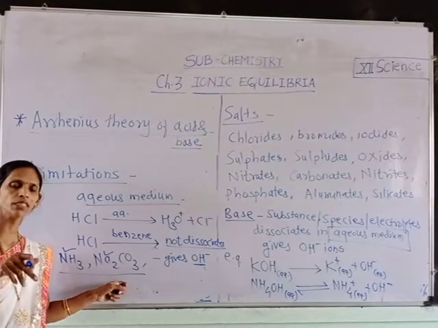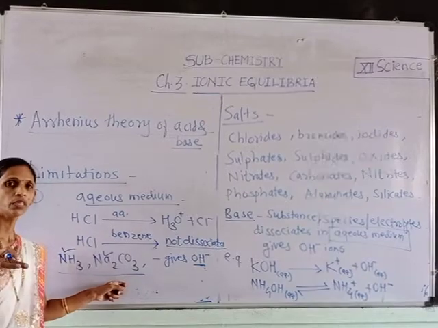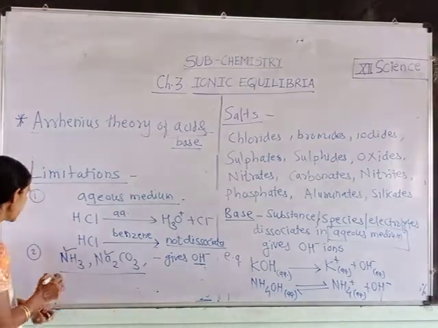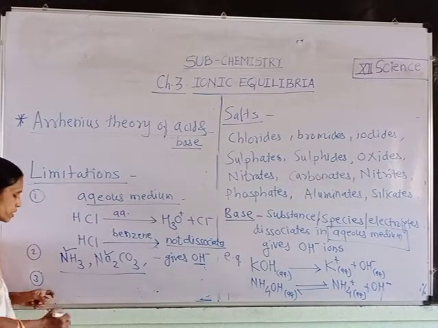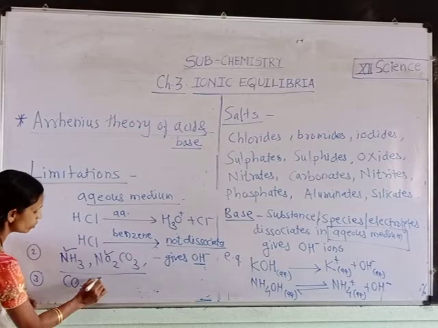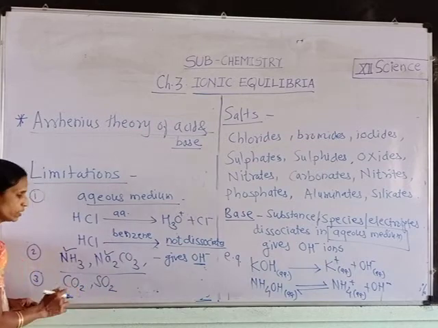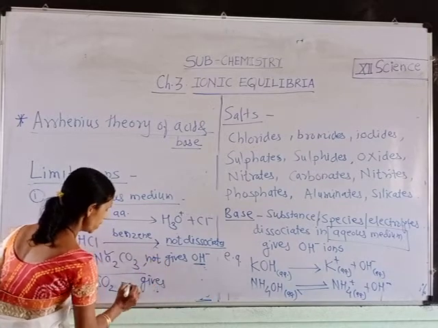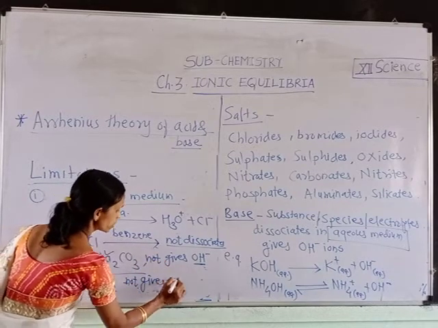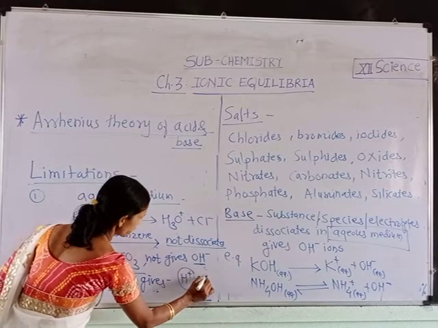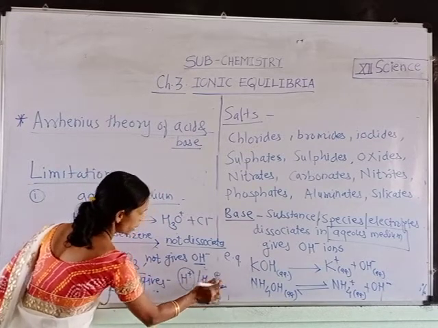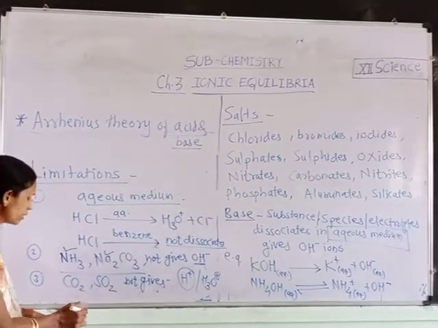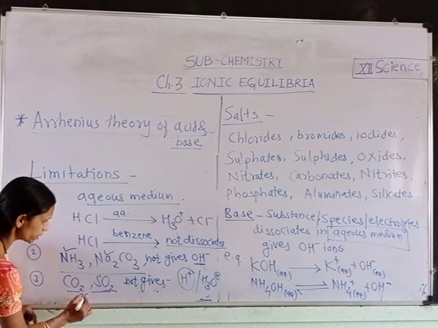He only explained the basicity of substances which give OH minus ion in aqueous medium. Then one more limitation: substances like CO2 or SO2 do not give H plus ion or hydronium ion when dissolved in water, but still they are acidic in nature.